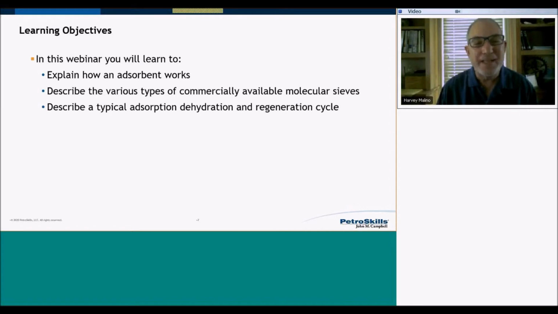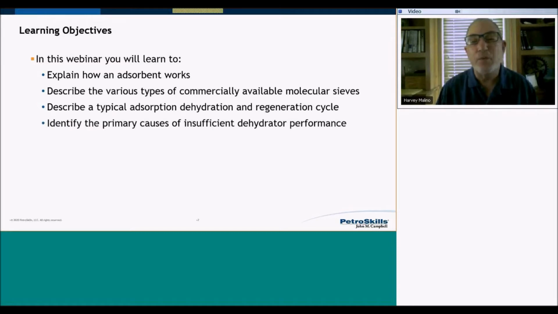The cycles we will be discussing are thermal swing adsorption cycles, where we use temperature to regenerate. We are not going to be discussing pressure swing cycles, which is generally not used for purification in the natural gas industry. And finally, we will take a look at the key reasons why dehydrator units may not be performing properly.